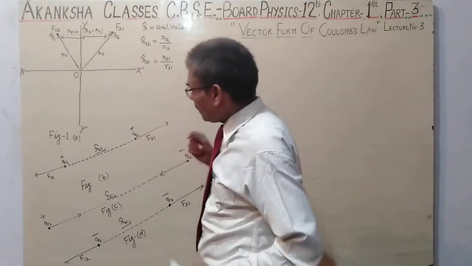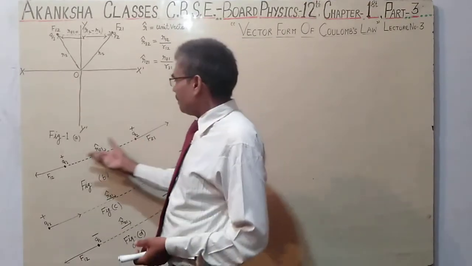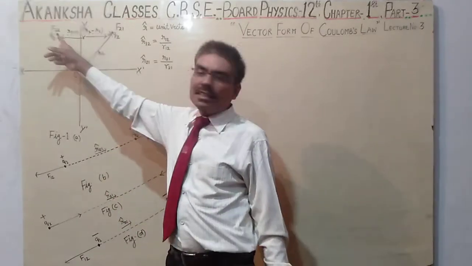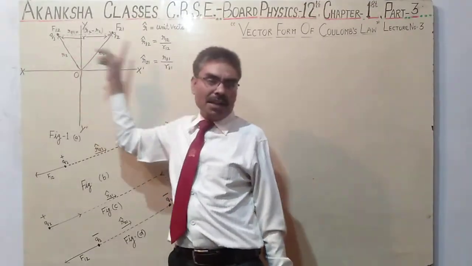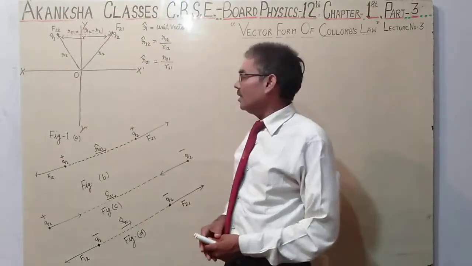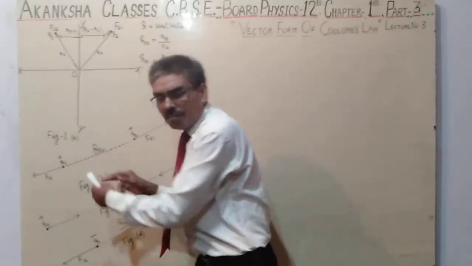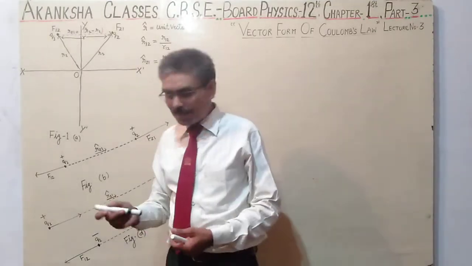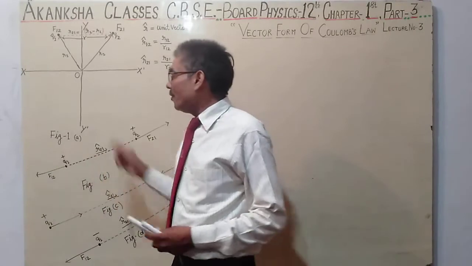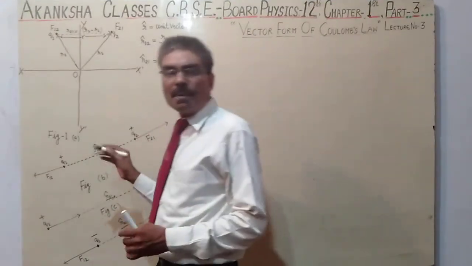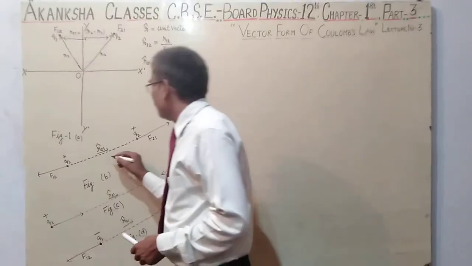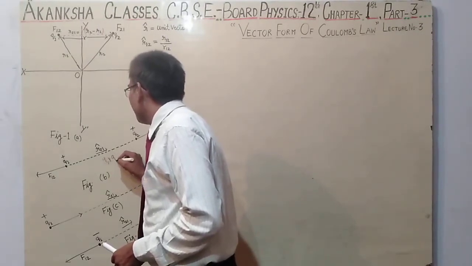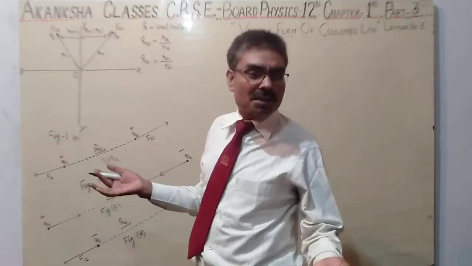Okay. But what do these figures indicate? These figures indicate that if the nature of both charges is the same, positive, the value of Q1 and Q2 will also be positive.